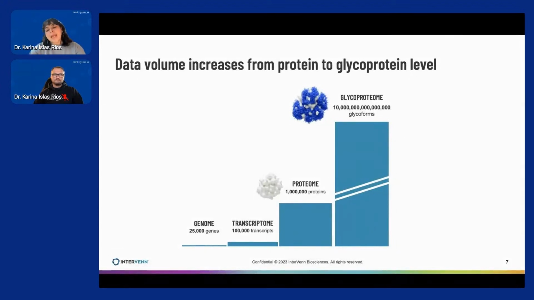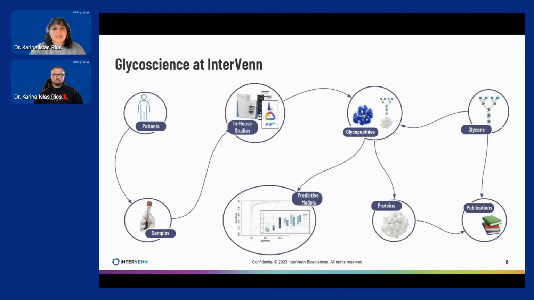So how we do this at Interven, as Alex was mentioning already, is not an easy process. What we work with is blood samples from patients, and we analyze the serum or the plasma in these blood samples.